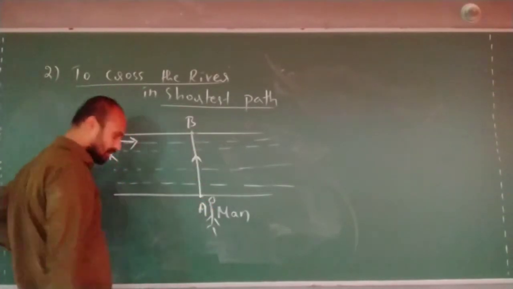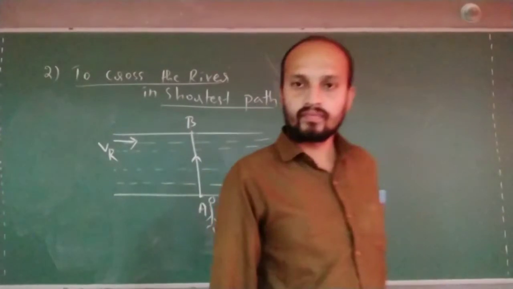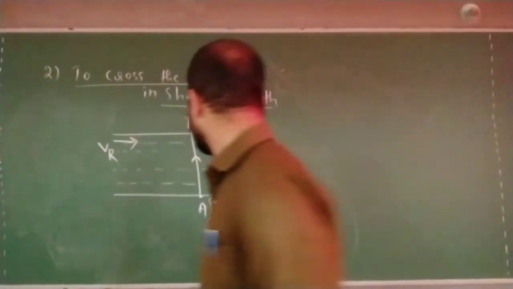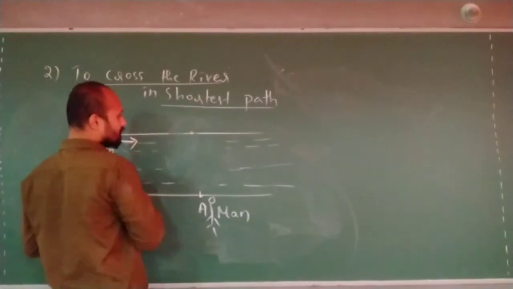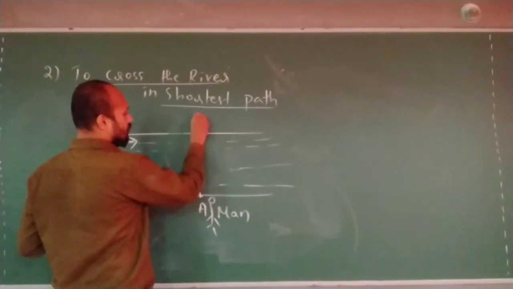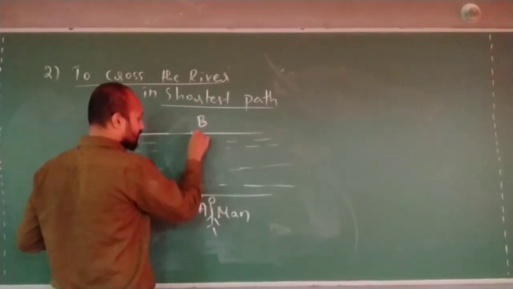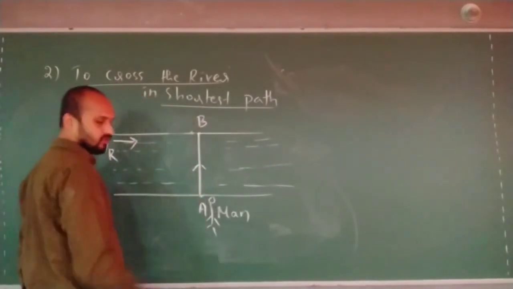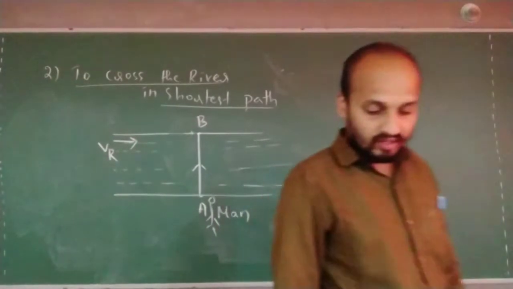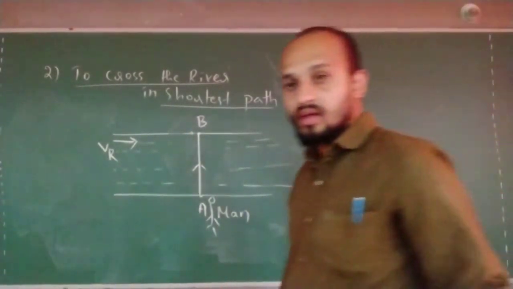That is the shortest path. To travel the shortest path, his path of travelling has to be like this. That means his swimming must be like this.